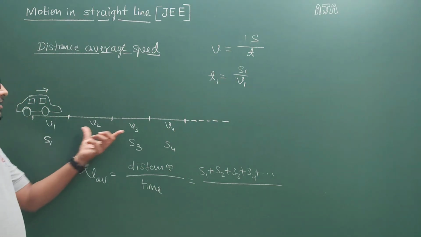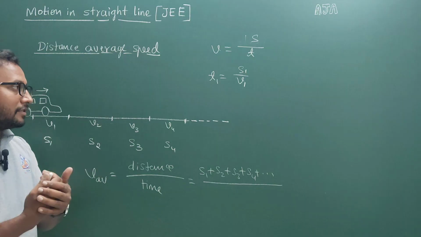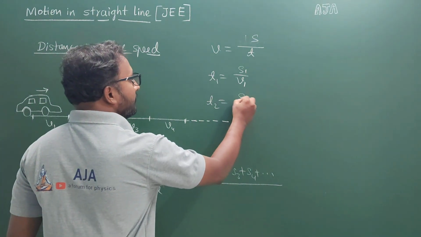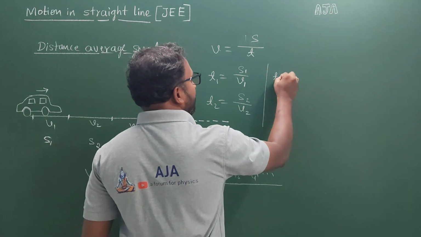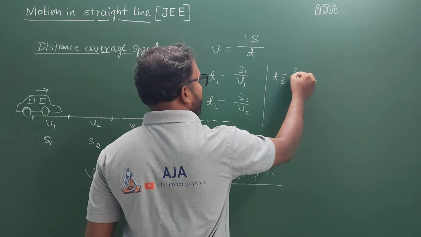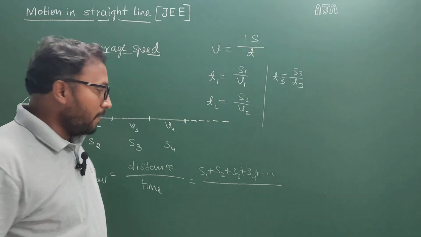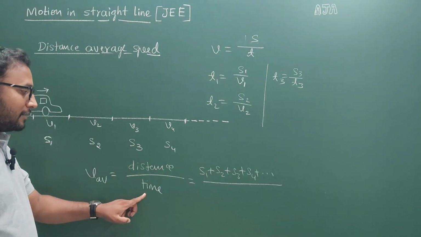Similarly, for each of these speeds at different distances, you can calculate the corresponding time: T2 is equal to S2 divided by V2, and T3 is equal to S3 divided by V3, and so on it will go. So therefore average speed can be written as distance by time.